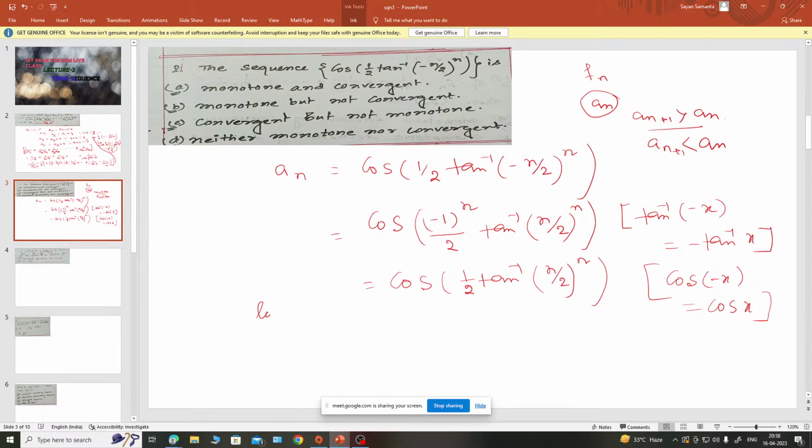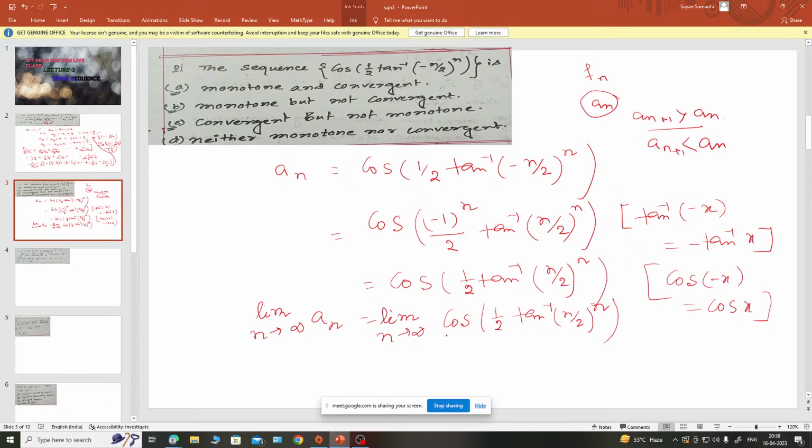Now taking the limit. The limit as n tends to infinity of an is equal to the limit as n tends to infinity of (cos of 1 by 2 tan inverse of n by 2) whole to the power n.